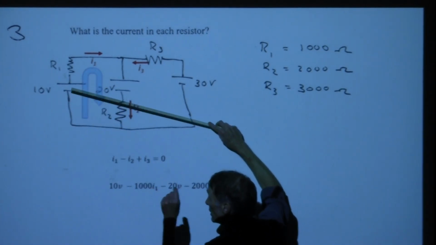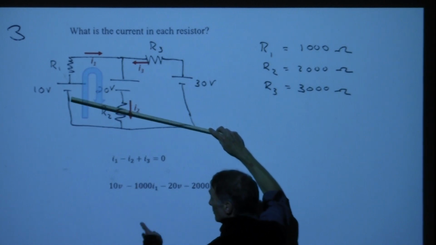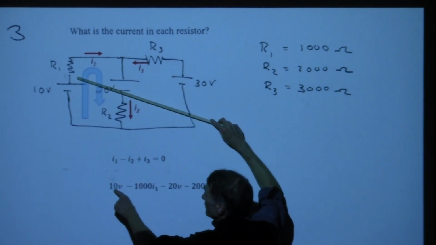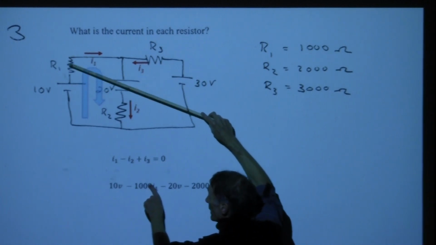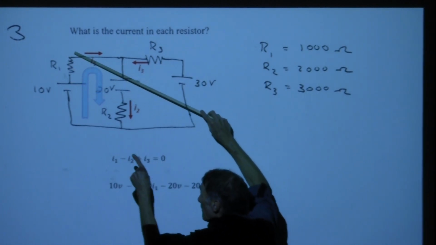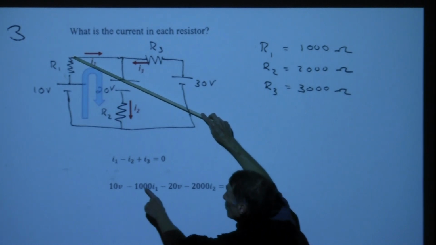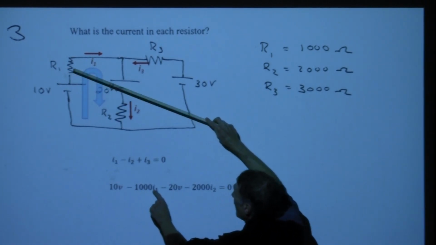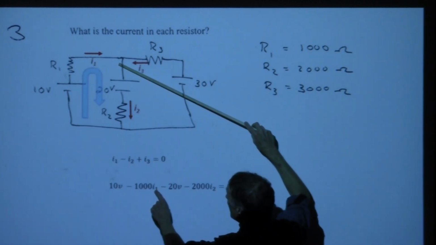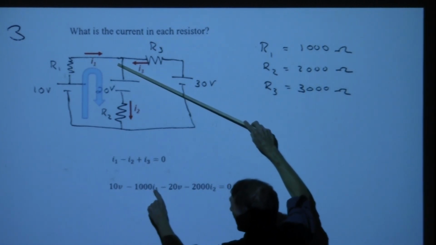You want to look at the voltage. I'm going from the negative to the positive, so that's a rise of 10 volts. Then I get to this resistor. If the current's going through it, the only way it's going to happen is if there's a drop in voltage across here. So there's a voltage drop. It's going to be the resistance R1, which is 1,000 times I1. So I have that drop.